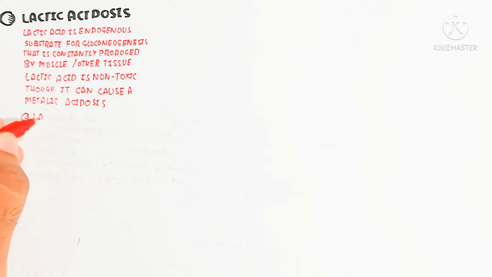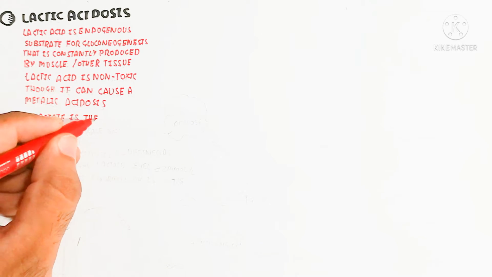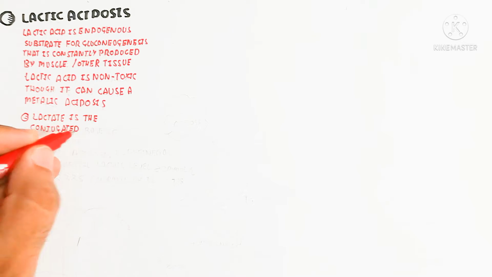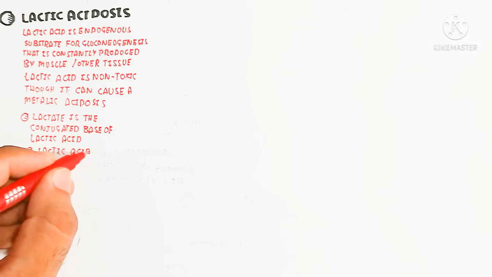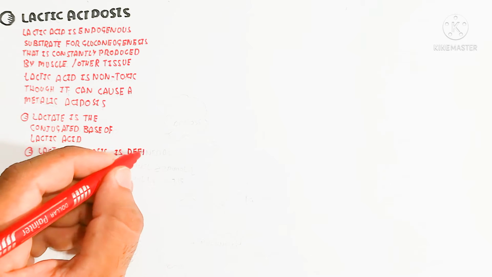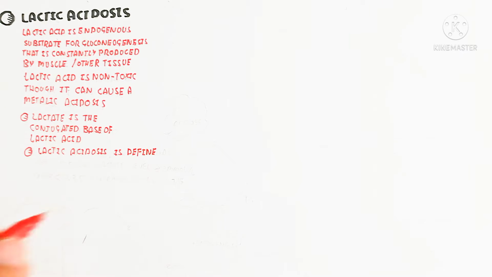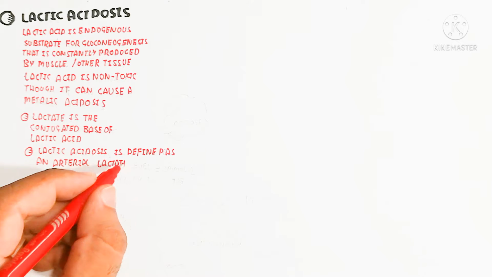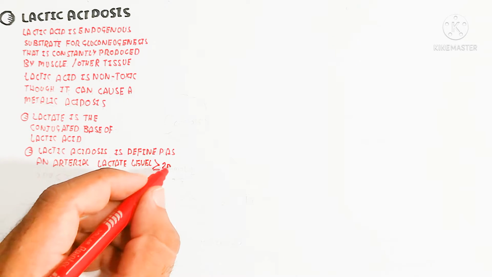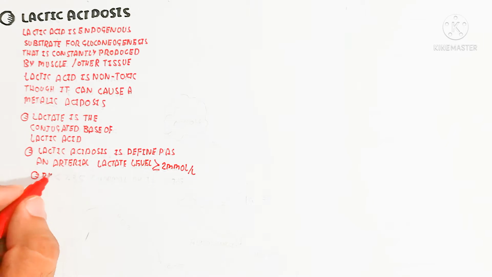So lactate is the conjugate base of lactic acid. Lactic acidosis is defined as an arterial lactate level of more than 2 millimole per liter. So it means more than 2 millimole per liter.